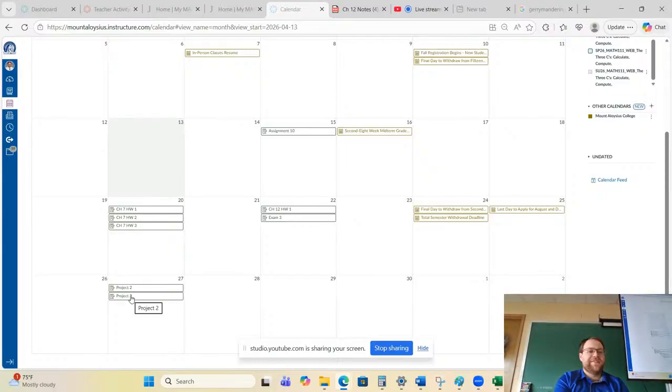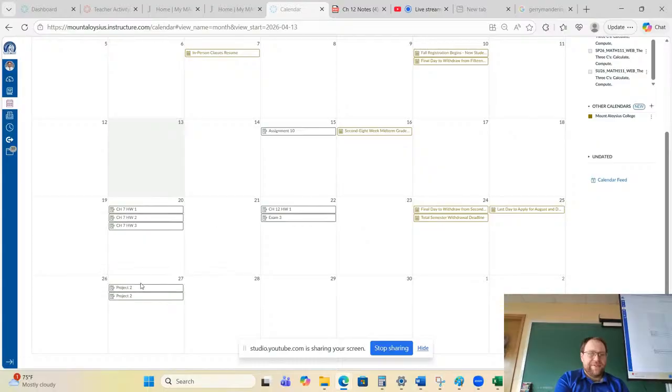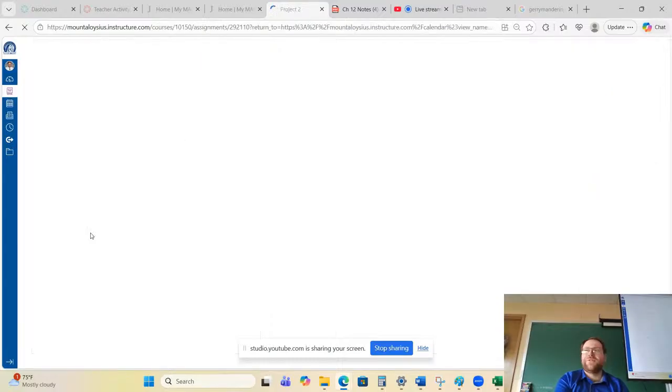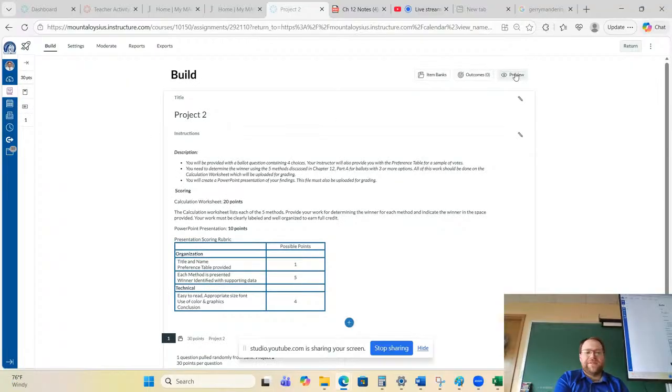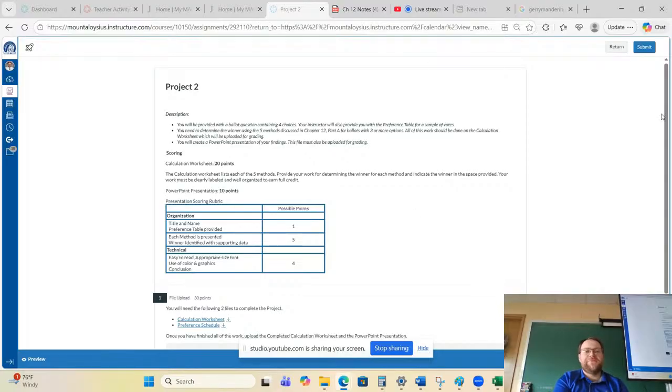in class, and this is actually something that you can start working on now, is Project 2. One of these should be published instead of both of them for you. But because this class is really small in terms of size, I figured it would be easier to give you the online piece of this project.